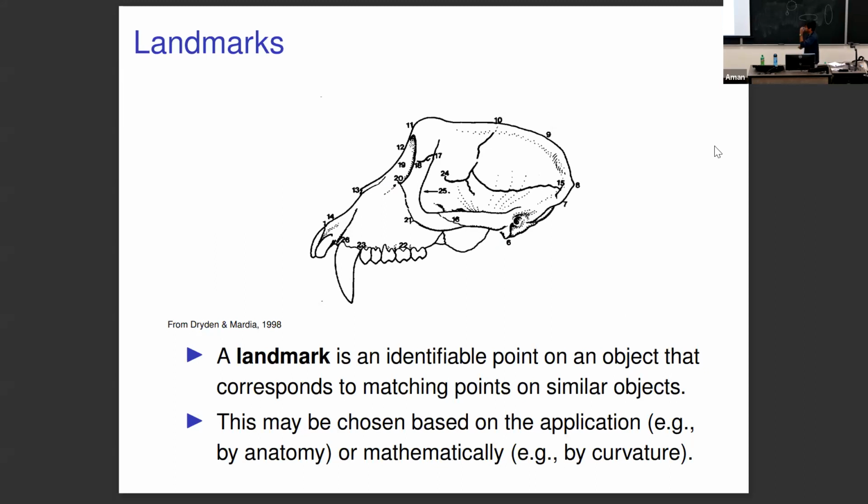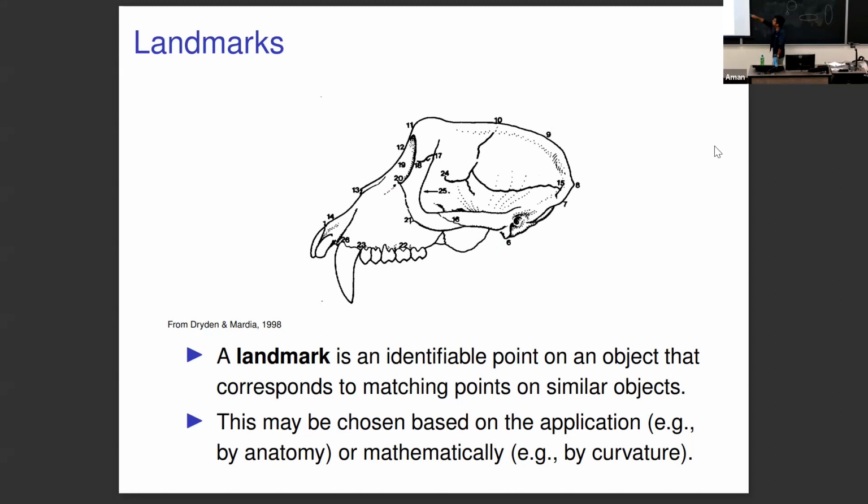So for example, in a case where you are looking at skull images, we would know that all skulls, irrespective of who they belong to, will have the same landmark locations at different parts of the skull, right?